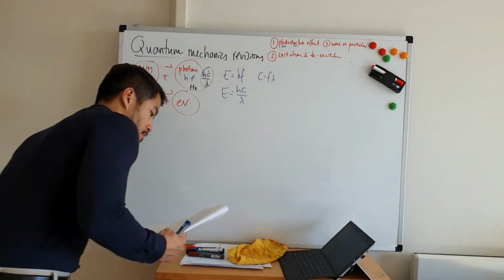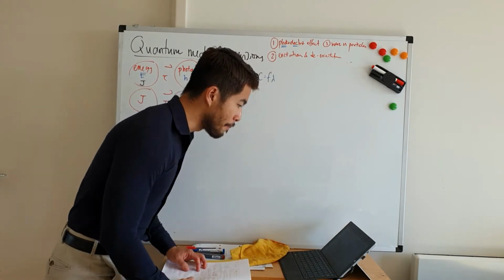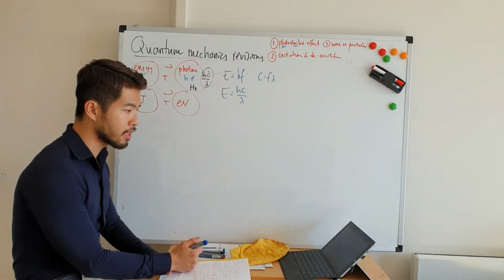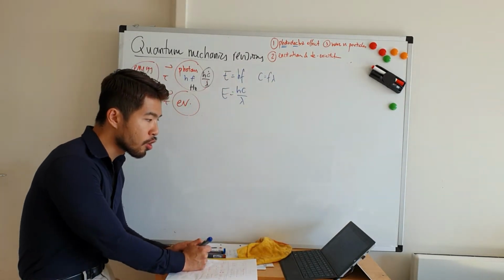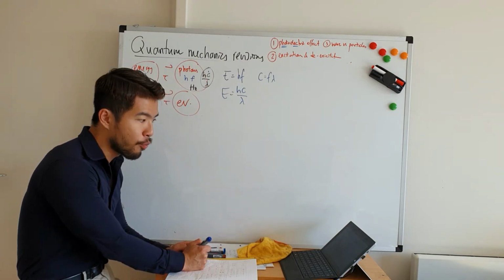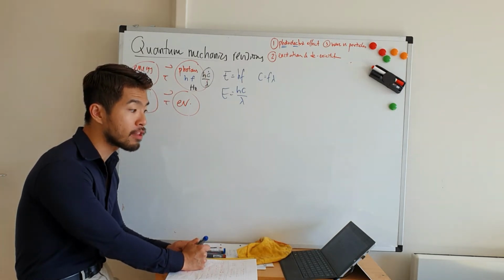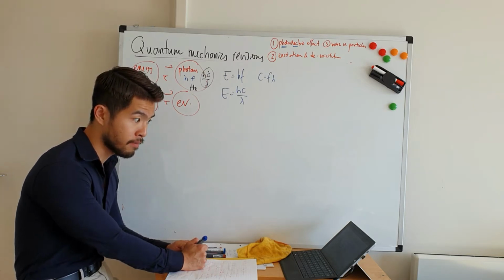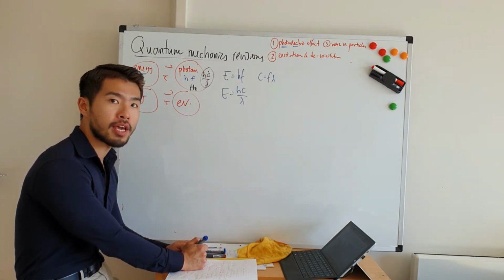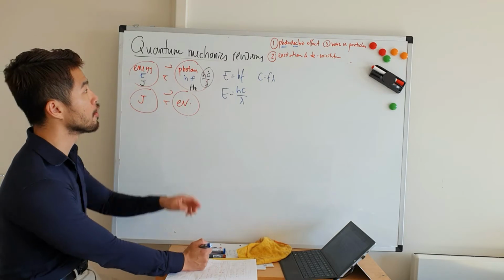Hi, welcome back. So question 1. A beam of light of wavelength lambda is incident on a clean metal surface. They are saying that the wavelength of light is halved, but the energy incident per second is kept the same. What is energy? Remember, energy is photons.